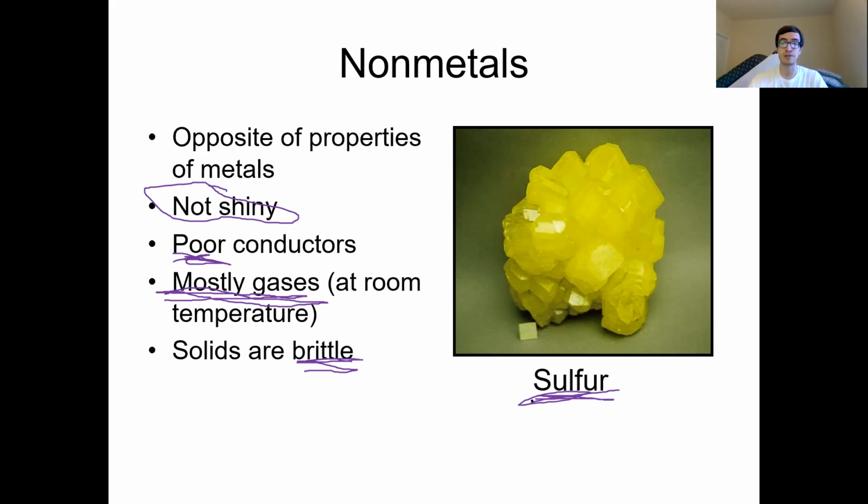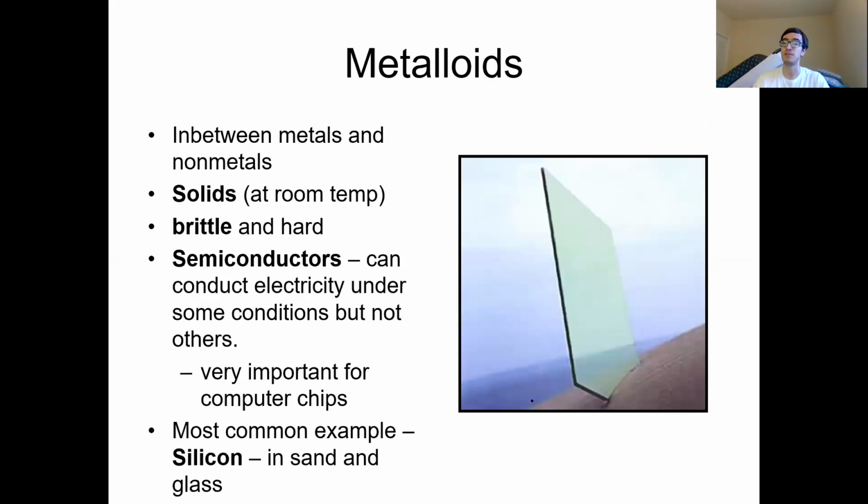So in between those guys, we have the metalloids. So metalloids are kind of in between, literally, the metals and the nonmetals. Not only are they between them on the periodic table, they also have some properties that are in between them as well. So for the most part, metalloids are solid at room temperature, like metals.